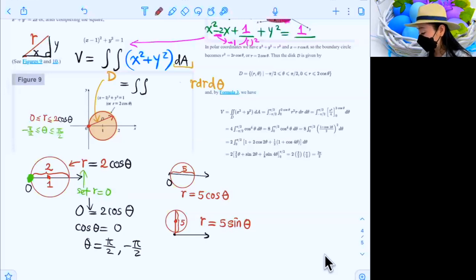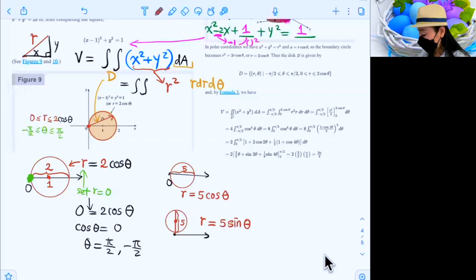So this one here is this r squared. Now we just need to figure out the r here change from what to what. We already put it here, right? r change from 0 to 2 cosine theta. So let's put it down.